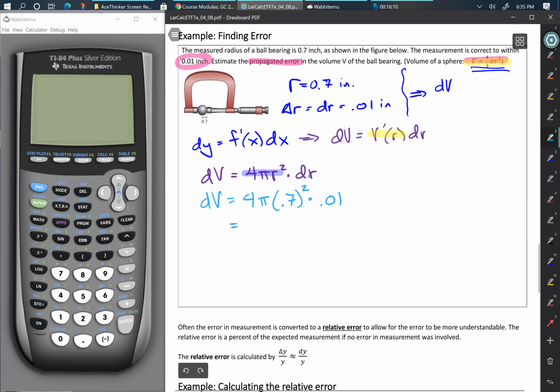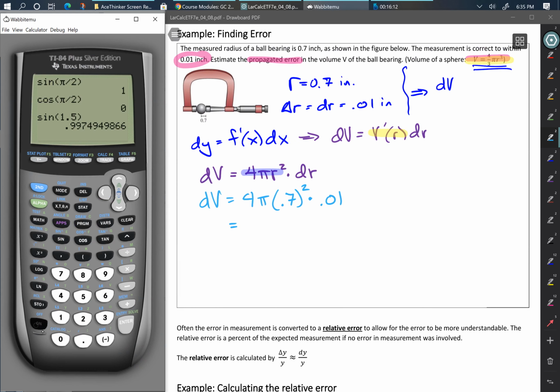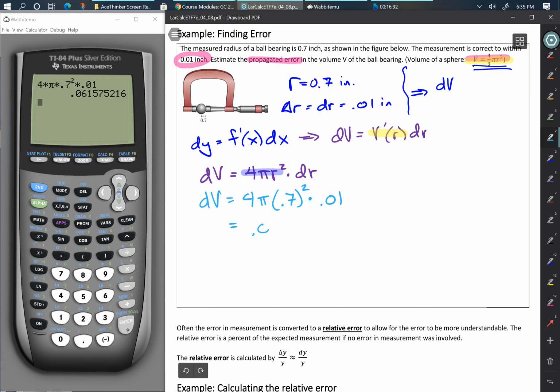And I get, let's see, 4 times pi times 0.7 squared times 0.01 means that my volume could be off by as much as 0.061575216. Round that wherever they would tell me to round that.